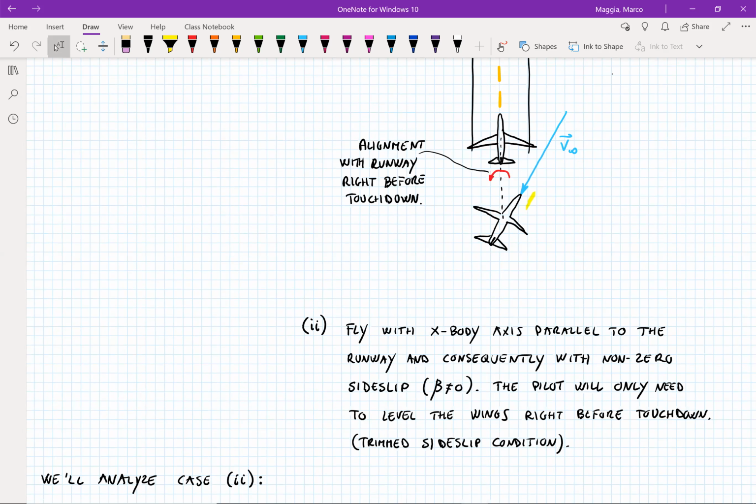And so you'll have a positive side slip angle and probably also a positive roll angle. So when you're about to touch down, you just have to level the wings, and that's it. This is known as the trimmed side slip condition, which is the same that we saw in the previous example.